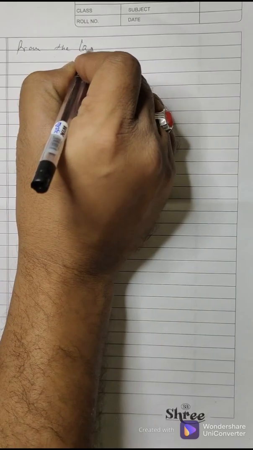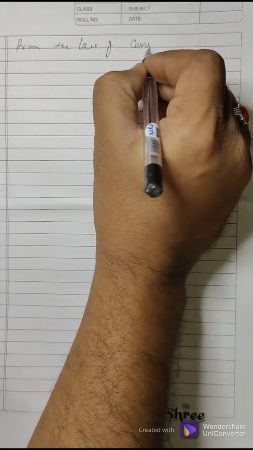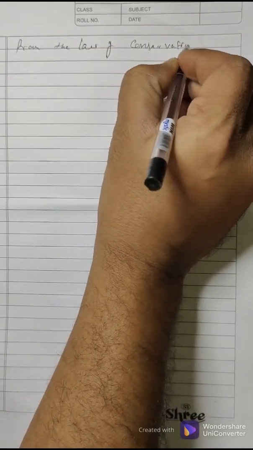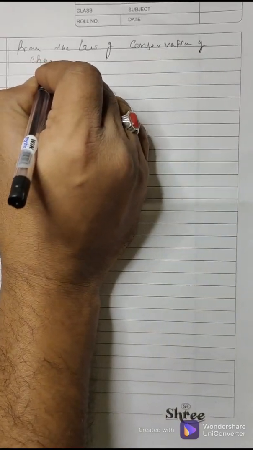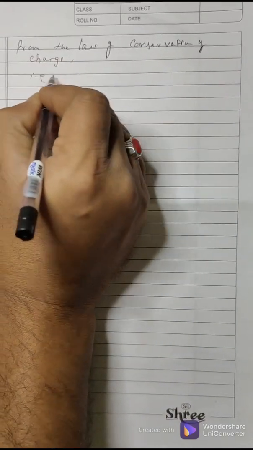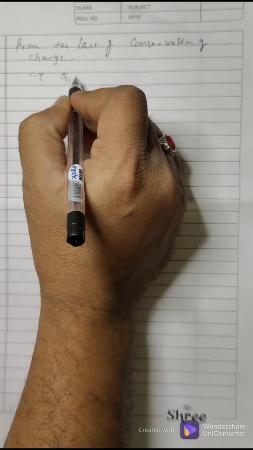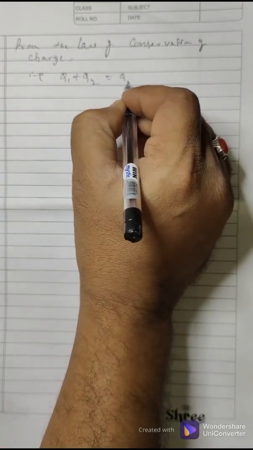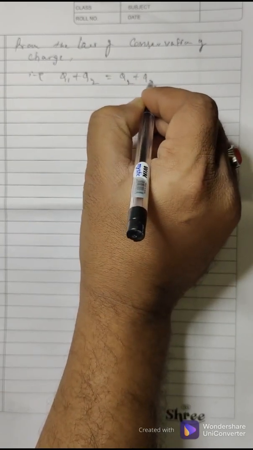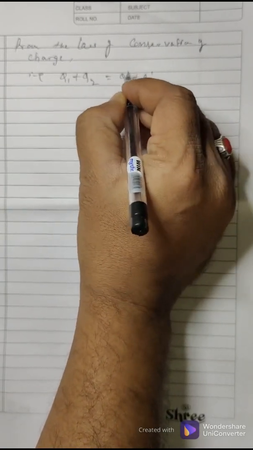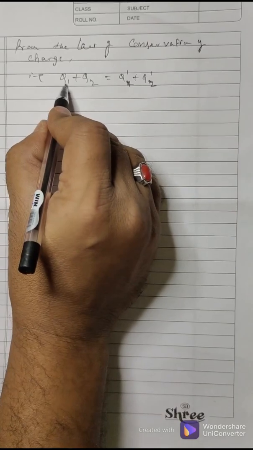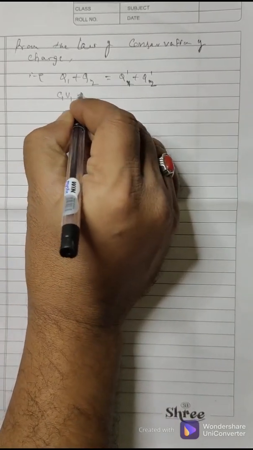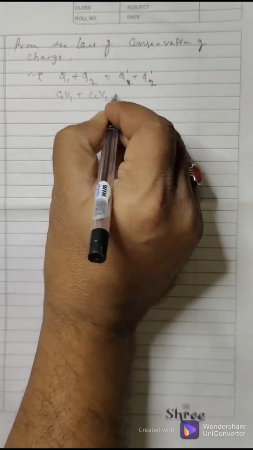From the law of conservation of charge, the total charge before connecting the wire, Q1 plus Q2, should equal the total after connecting the wire, Q1 dash plus Q2 dash. These both are equal. Q1 is C1 V1, and this is C2 V2.